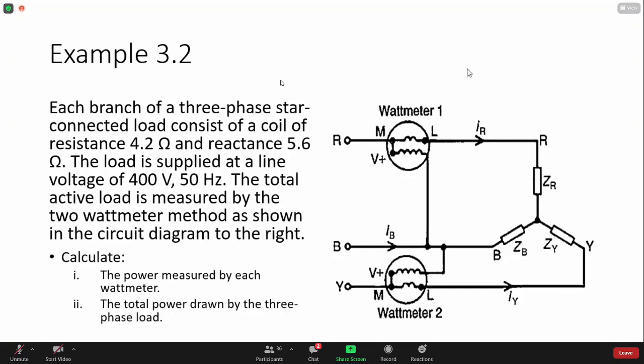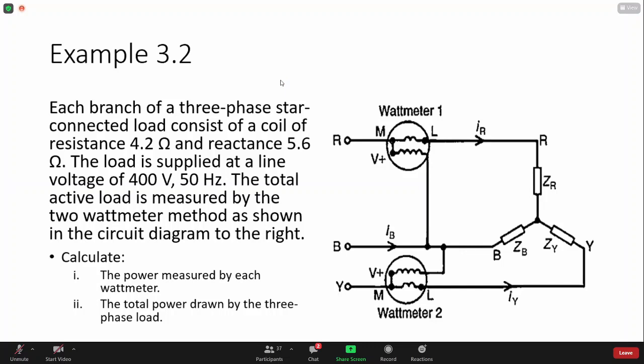Red phase voltage, sir. Right, red phase voltage. All right, so good. It sounds like you're on the right path. I'll give you 10 minutes.